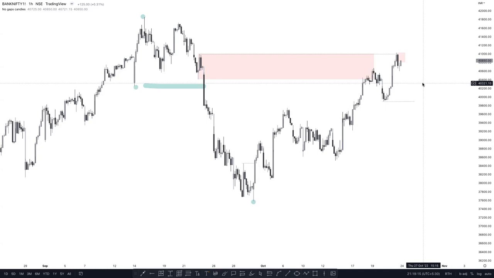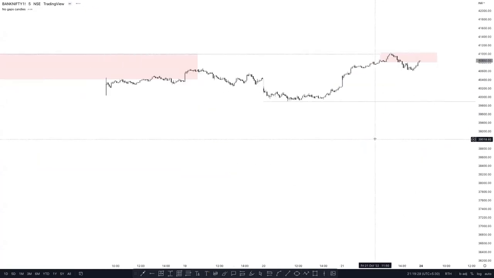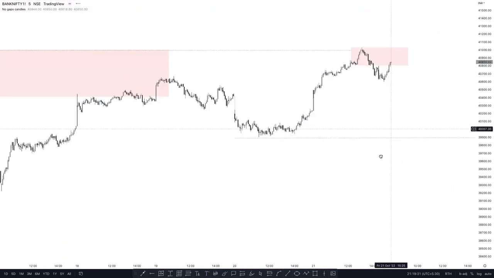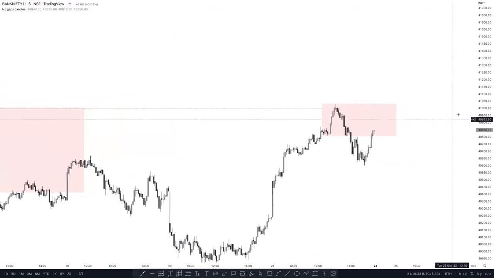Yes, you can take entry. Entry criteria: price taps here and switch into 5 minute.